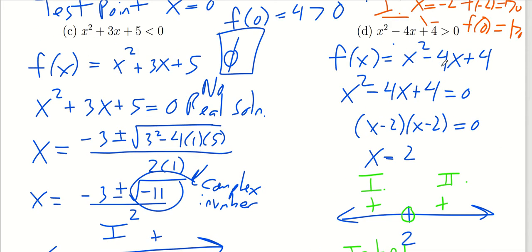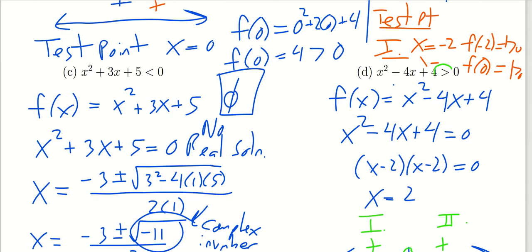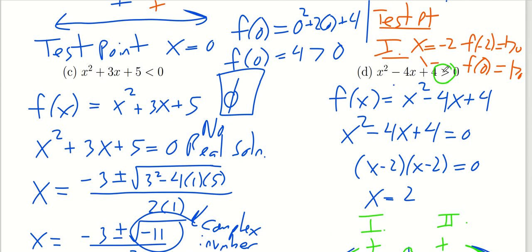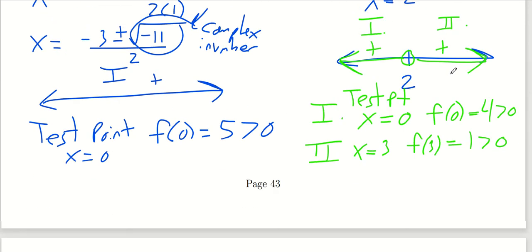If we go to look for the solution set, the type of inequality we have is greater than. So that means that we need the intervals where the function is positive. And that's going to be both region 1 and region 2. So we see that the solution set is going to include all real numbers with the exception of 2, which doesn't work because at 2 it's exactly equal to 0, but the inequality says that you have to be strictly greater than 0.